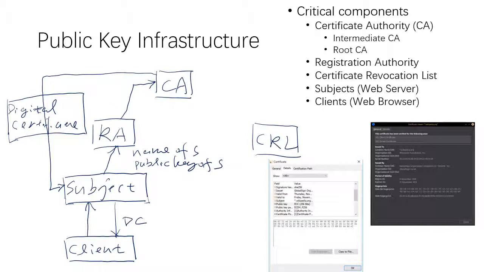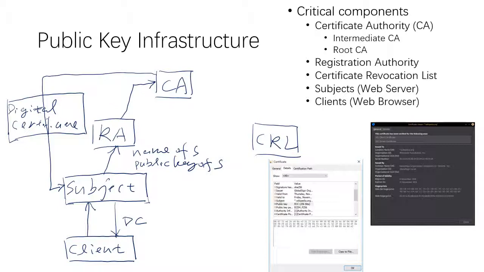Since the digital certificate is signed by the CA, which is a trusted party, the client can verify whether the digital certificate is authentic. If it is authentic, then the client believes that he is actually talking to the real subject other than some fake website. Then he can start the communication. This is how the public key infrastructure and the digital certificate work.